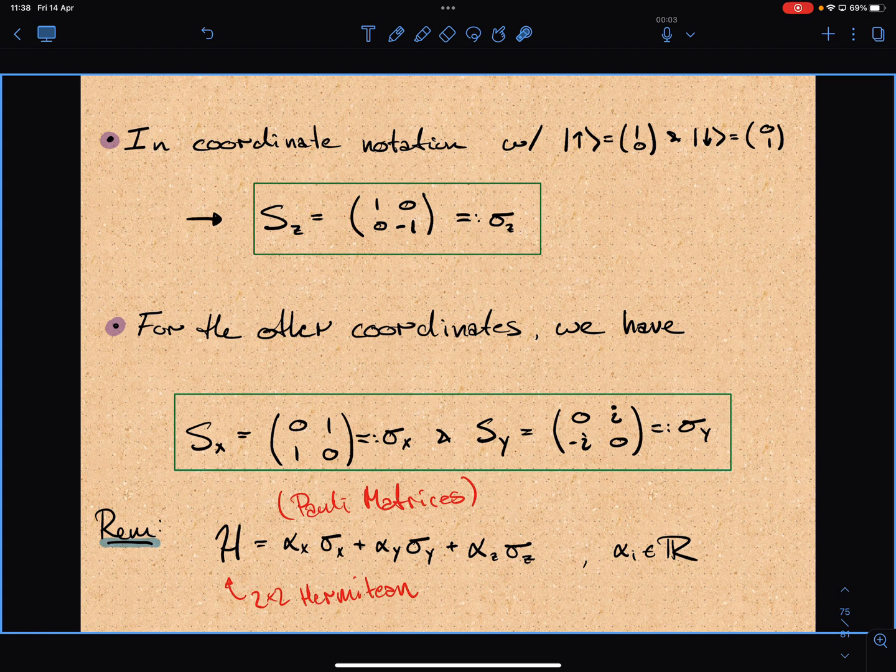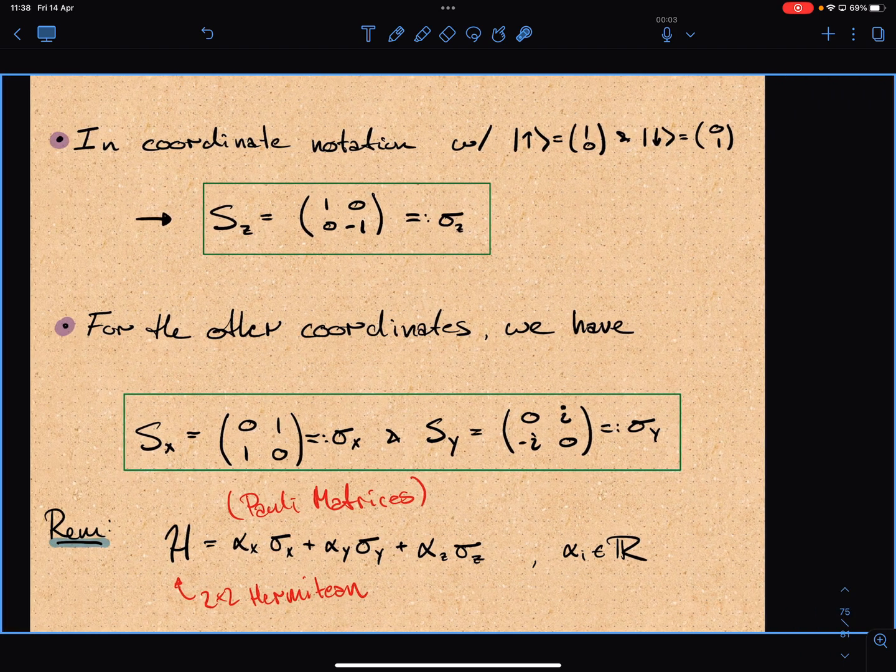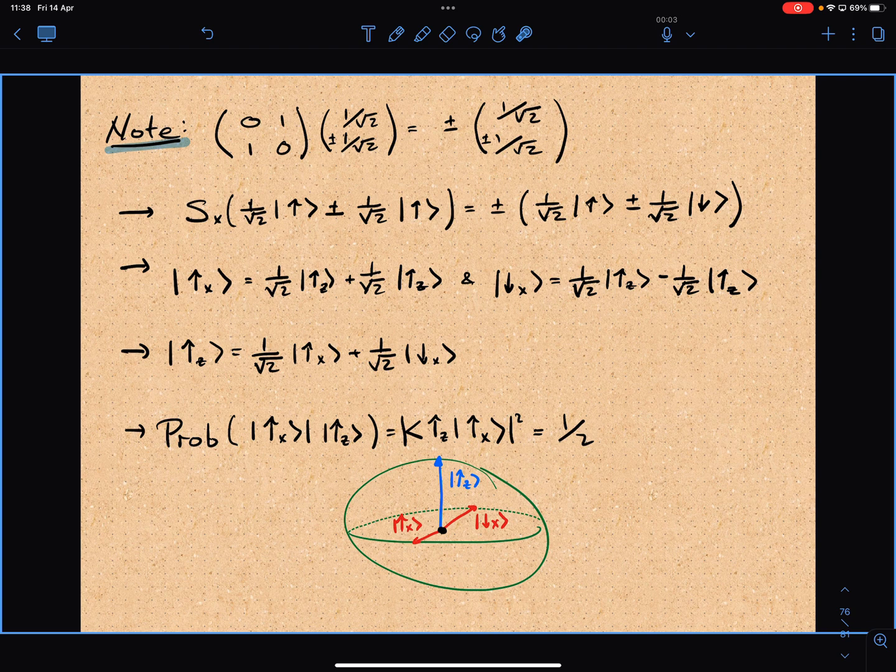So these are fundamental matrices for qubits. Essentially everything is built up from these three matrices, and they're related to the spin. So here, I just gave you the definition of the spin matrices, and I want to motivate that this is the right choice for these spin matrices.